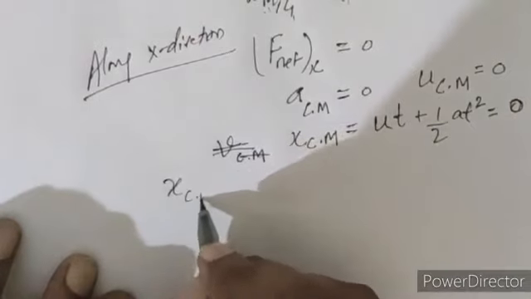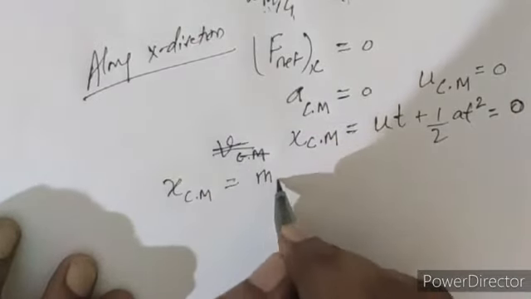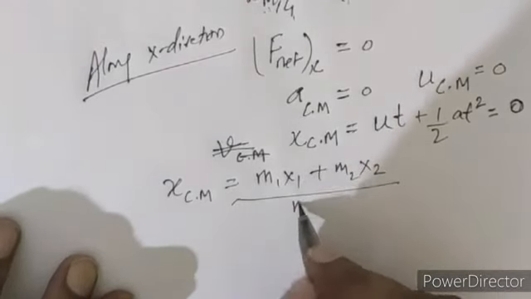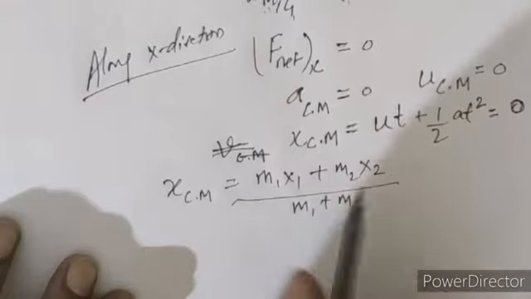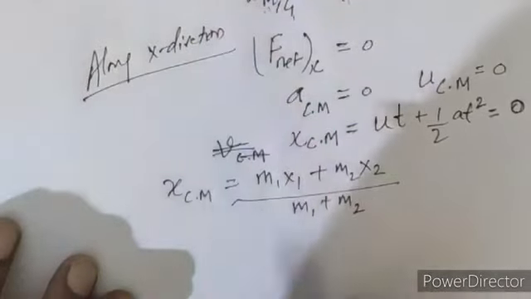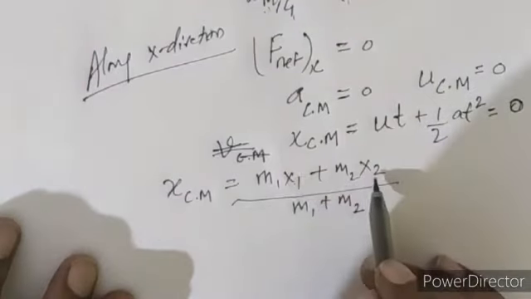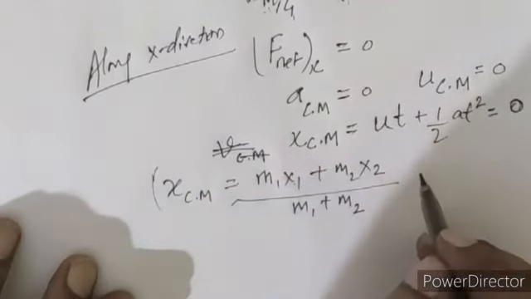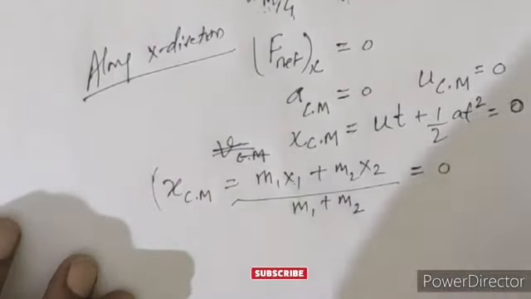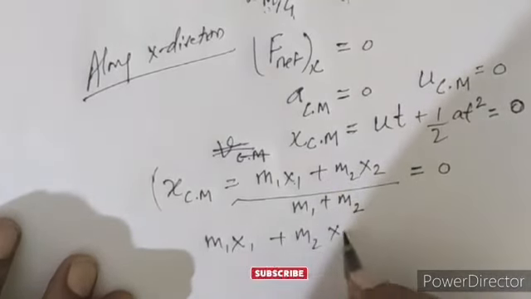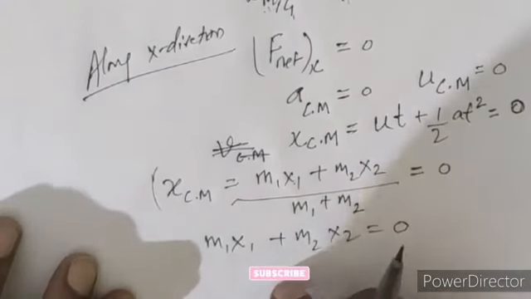Now we know that the center of mass of any system is calculated by the formula m1x1 plus m2x2 divided by m1 plus m2, where m1 is m and m2 is 10m, x1 is the position of m with respect to ground, and x2 is the position of 10m with respect to ground. Since our center of mass is 0, m1x1 plus m2x2 equals 0.